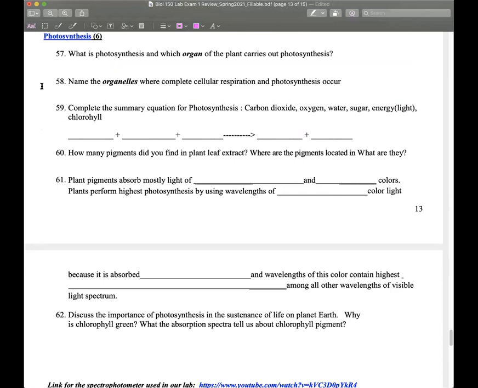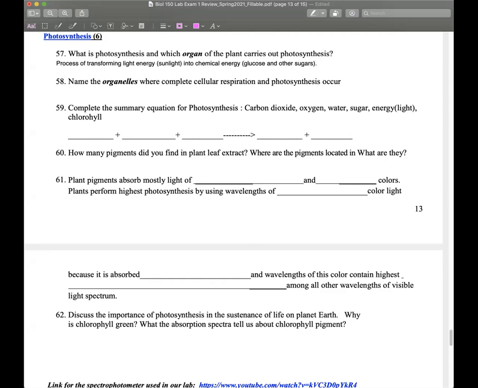Light energy? Yeah, exactly. So it's the process of transforming light energy from the sun into chemical energy. Yeah, chemical energy, exactly. Like glucose and other sugars, other organic molecules.